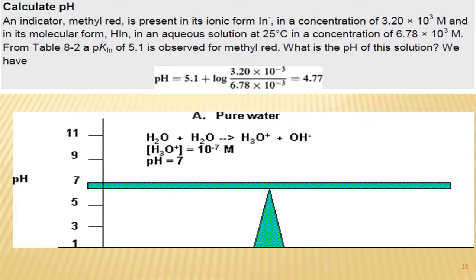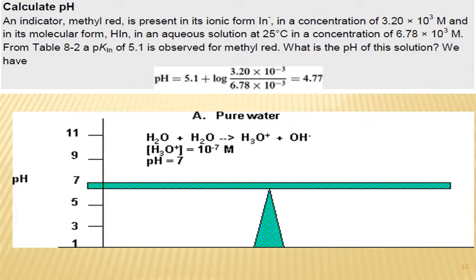What's the pH? So we have the pKa in this equation, 5.1, plus log of the concentration of salt over acid, and you will get the pH of 4.77.